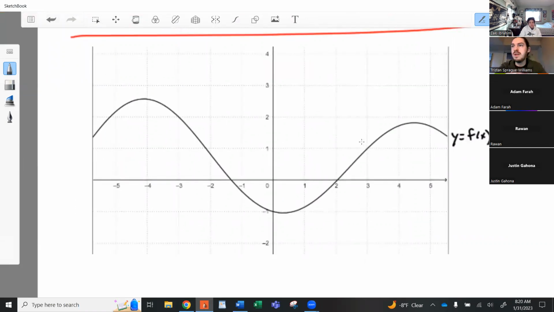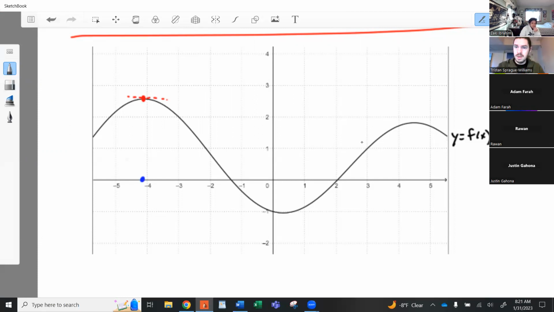Well, the first thing we could do is look for points on the graph where we reach a maximum or a minimum. So like this point, for example. That point right there. At that x value, we have a horizontal tangent line. So that means that the derivative at that x value, which I'm estimating to be a little less than -4 here, is going to have a value of 0.